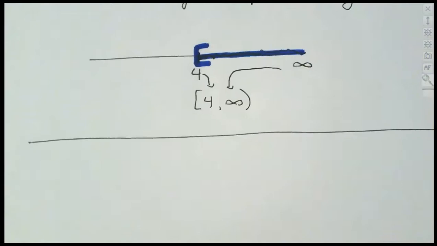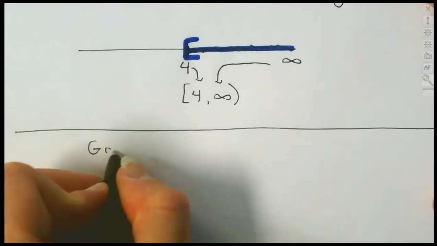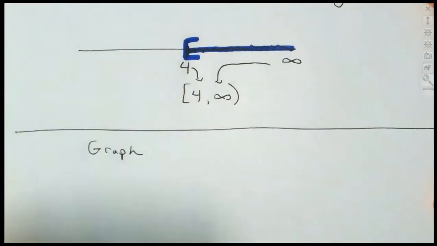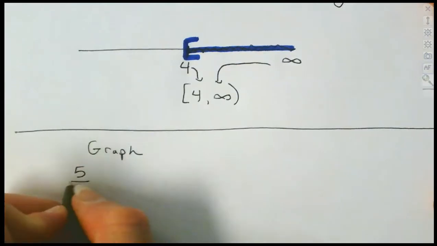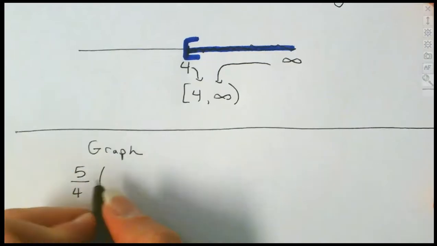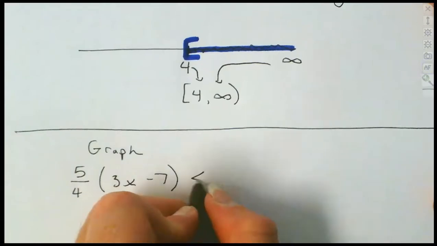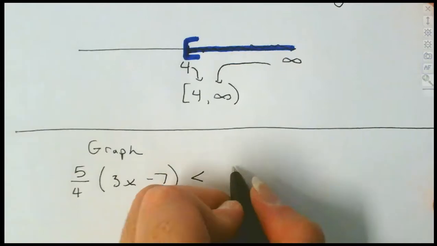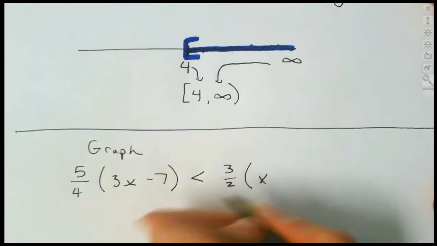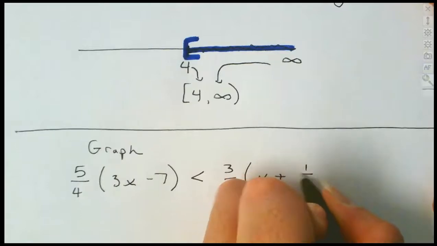Let's do a couple more, and then we'll look at our 3-part inequalities. Let's try another one that has fractions in it, just for a good review about how fractions work. So how about 5/4 times 3x minus 7 is less than, how about 3/2 times x plus 1/4.